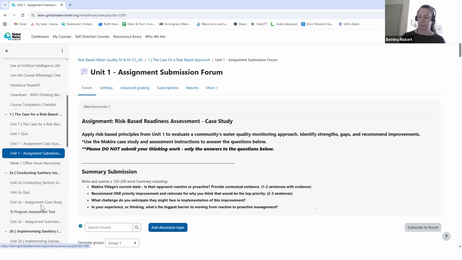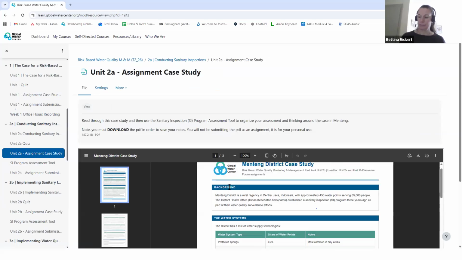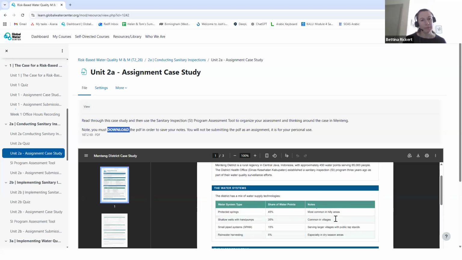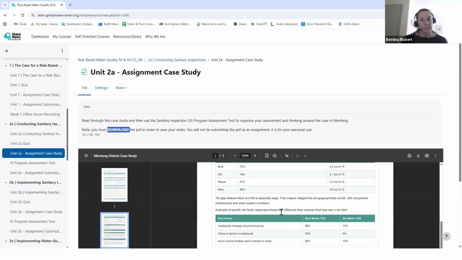There's also one for 2A, that's the next one to do. And just as a reminder, you must download the PDF for any changes to be registered. So if you were to type in here, you need to do it in the version that you've downloaded offline.